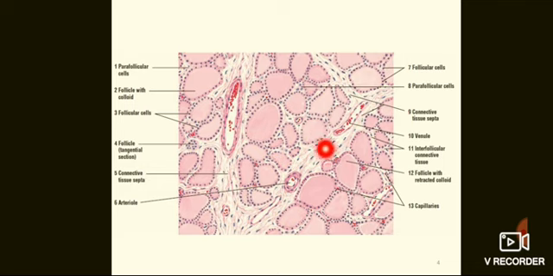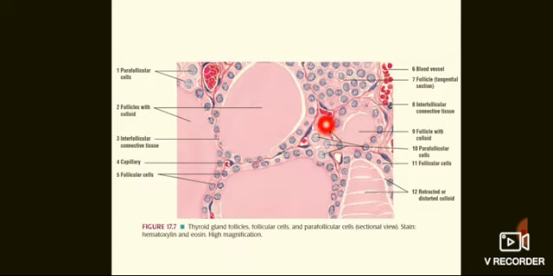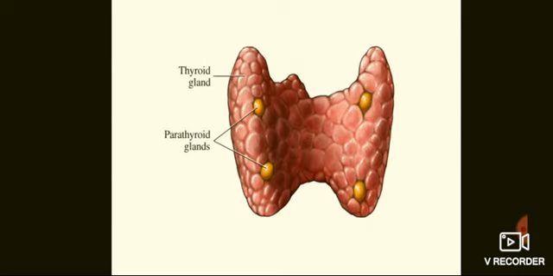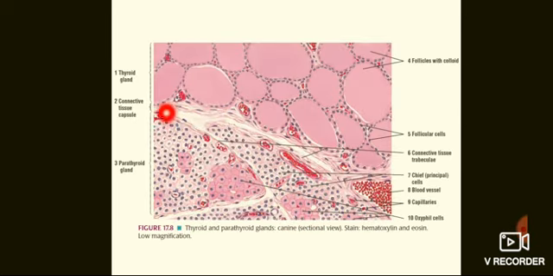In between the follicles, few parafollicular cells are seen, which are larger cells. In between the follicles, numerous blood capillaries are seen, and sometimes in the section of the thyroid gland, parathyroid glands can also be seen, and they can be differentiated from thyroid by the absence of follicles.